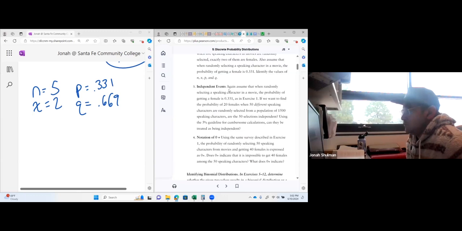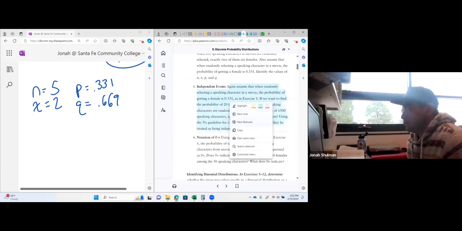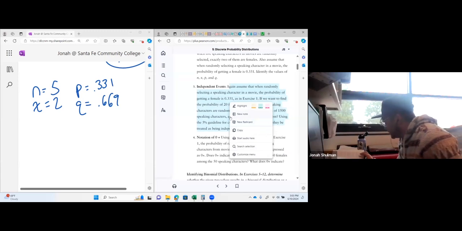Again, assume that when we randomly select a speaking character in a movie, the probability of getting a female is this. We want to find the probability of 20 females when 50 different speaking characters are randomly selected from a population of 1,500 characters. Are the 50 selections independent? Okay, 3 is tough. 3 is nice and tough. So for 3, let's not mess this up.